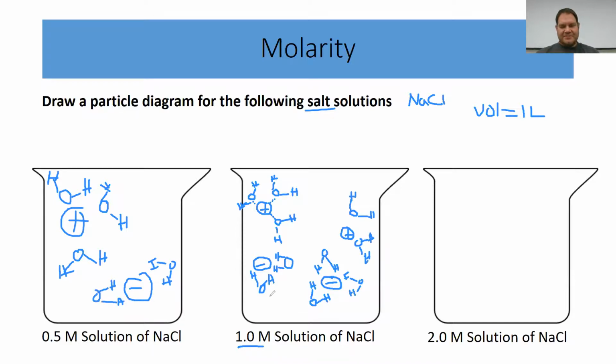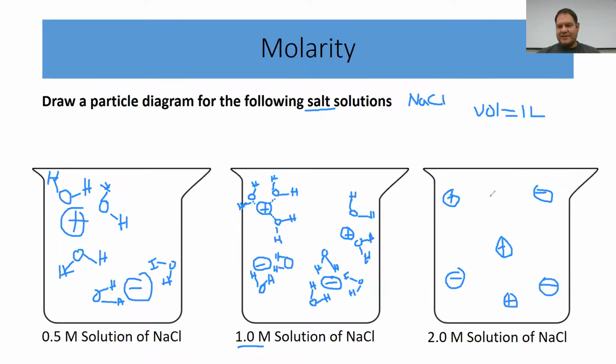If this is a full mole and this is a half molar solution, and then we go to a 2 molar solution, what would you expect here? Hopefully you would say that it would be twice the number of moles in the 2 molar solution than in the 1 molar solution. So we would have a positive ion, a negative ion, positive, negative, and so on.